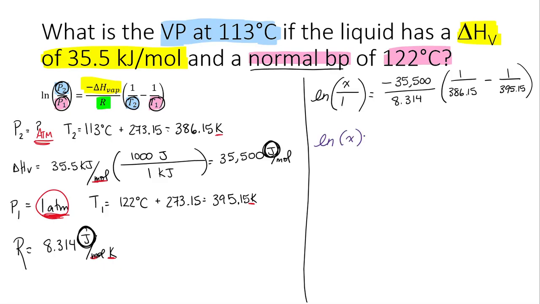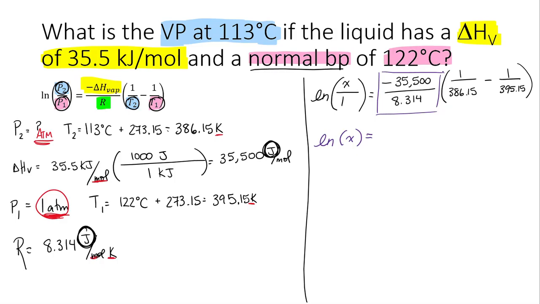This is another place where I'm thinking to myself, oh man, I'm going to have to undo it. The variable is in the natural logarithm. So the term after the natural logarithm, what's in the parentheses, is the variable. I'm going to need e to the. So I just got that in the back of my head. Now, negative 35,500 divided by 8.314, just a number.